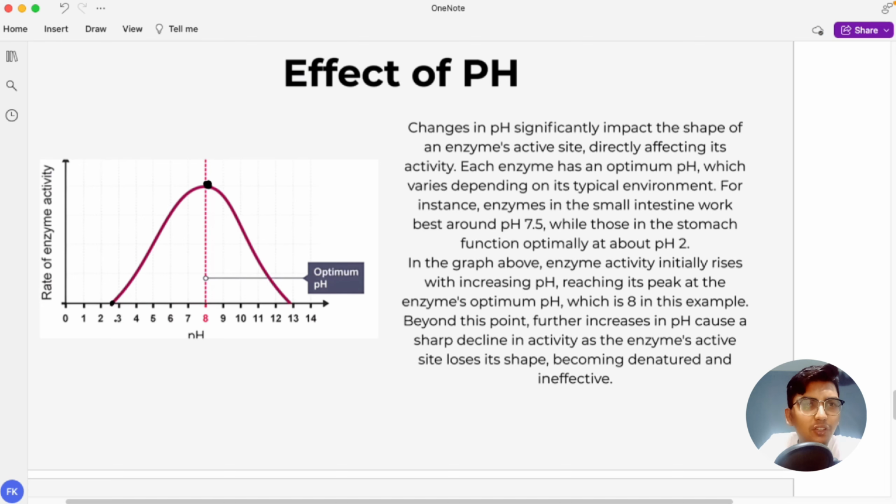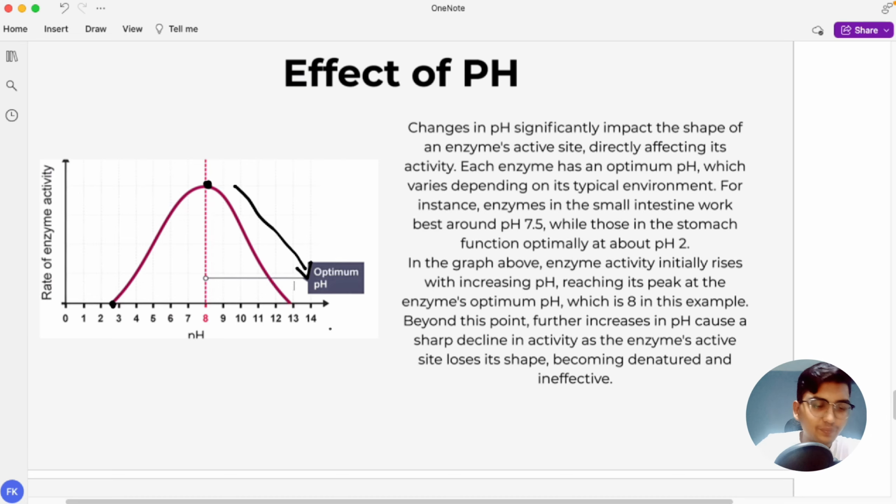As you can see, for this enzyme, there is no activity at this pH, right? However, at pH 8, which is slightly alkaline, the enzyme has its optimum pH and works the fastest. However, a further increase in pH causes a sharp decline because the enzyme active site loses its shape and becomes denatured and ineffective.